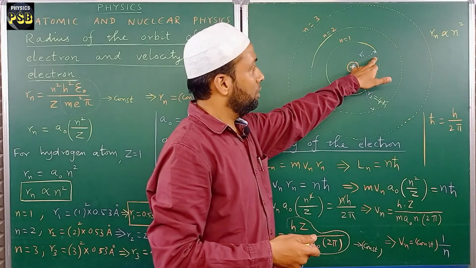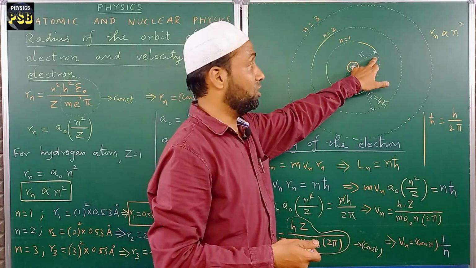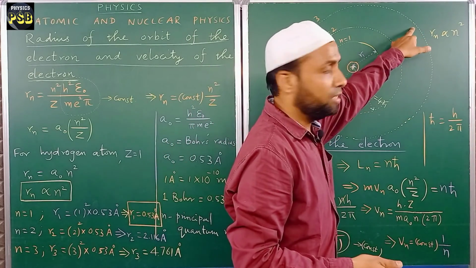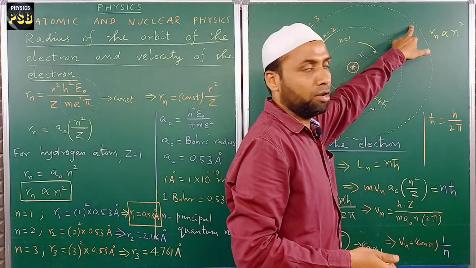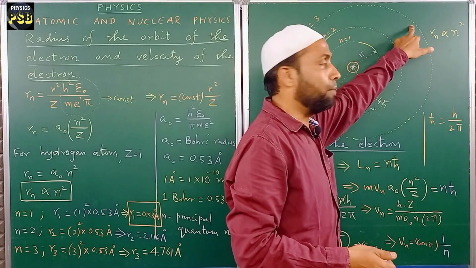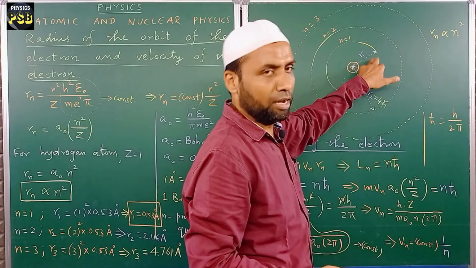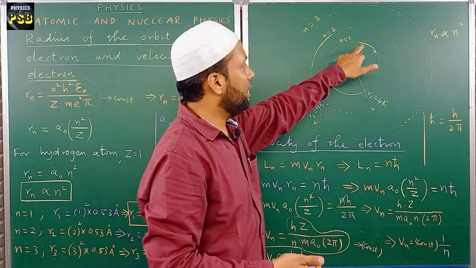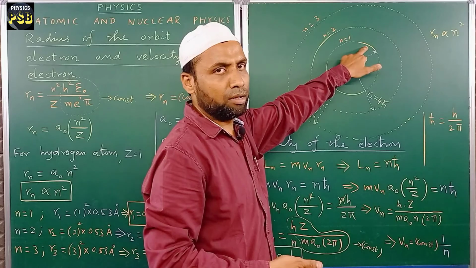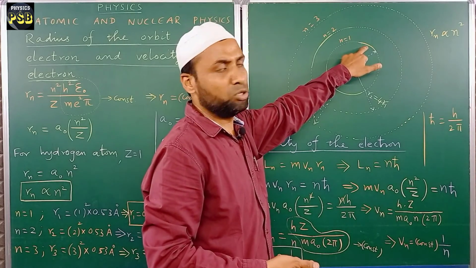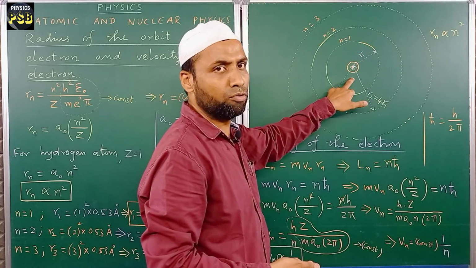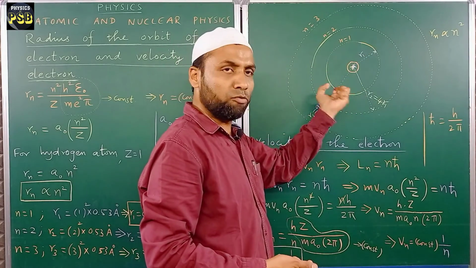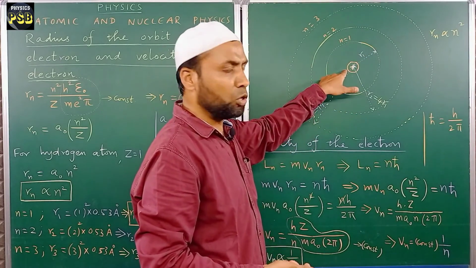Here, the electron will travel with high velocity. Whereas if I have an electron here, the velocity of that electron will be found to be less compared to that of here. The reason is electrons present in the first orbit have to travel with high velocity to overcome the attractive force. When they are very close, the force of attraction by the nucleus is more.